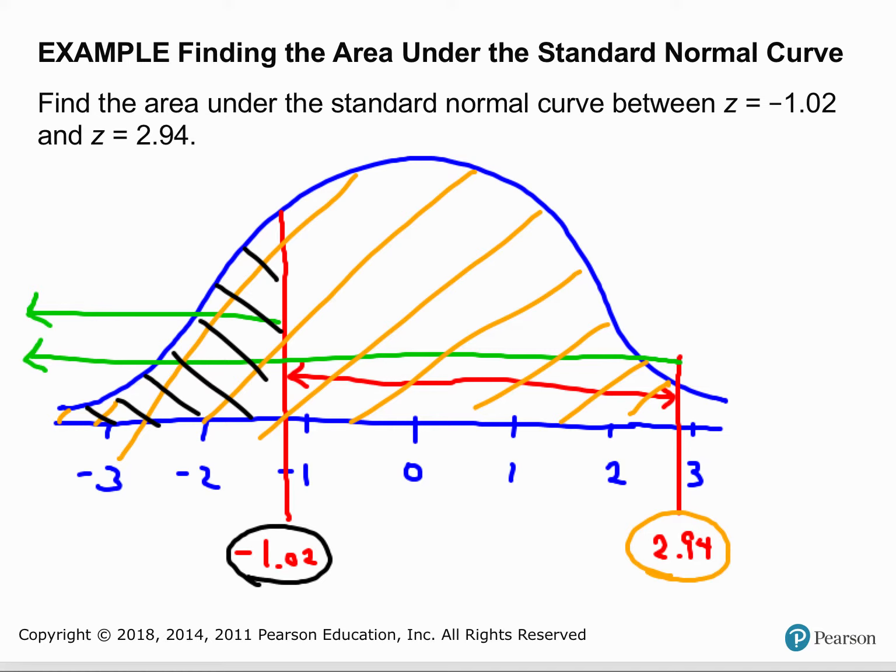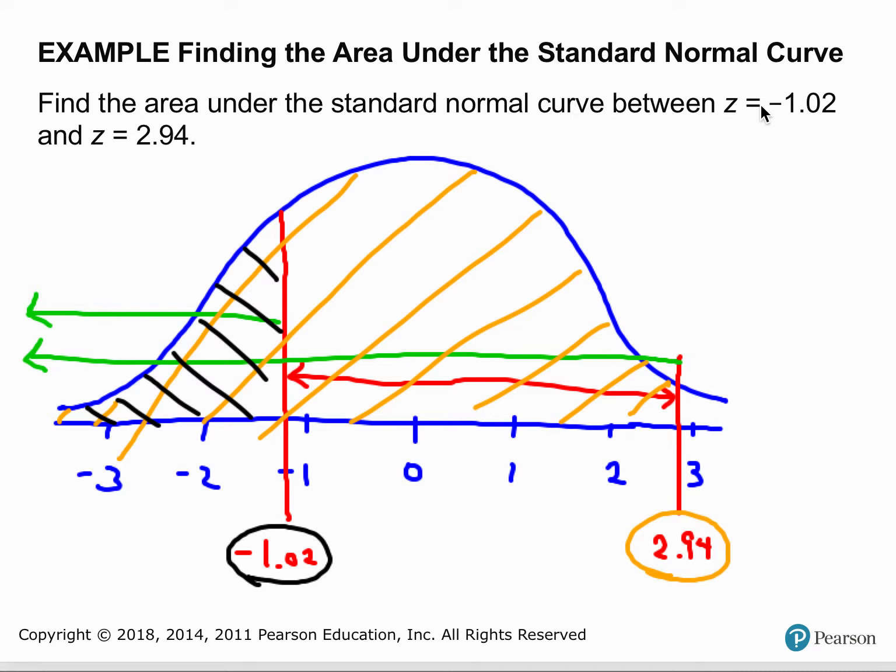So if you're working along with me, you need to look at that table that I put under your course information and documents module. Okay, so let's go up here first and see what we're doing. We're going to say z equals negative 1.02.